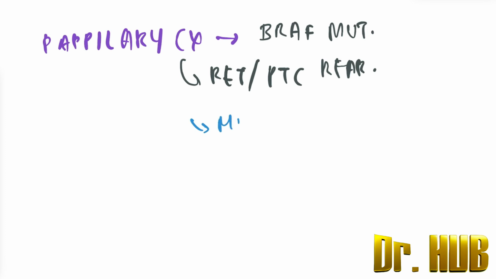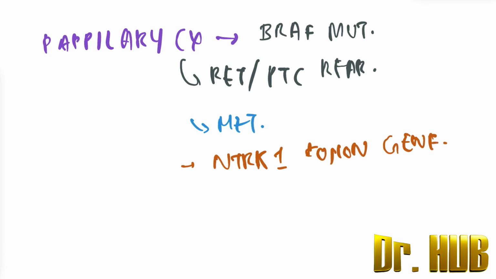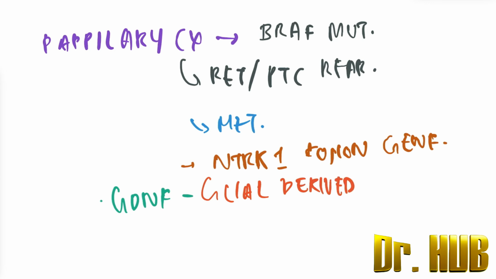Next is the MET. There is also the presence of NTRK1, which is nothing but a fusion gene, as well as GDNF. So what is GDNF? GDNF is the glial derived neurotrophic factor.